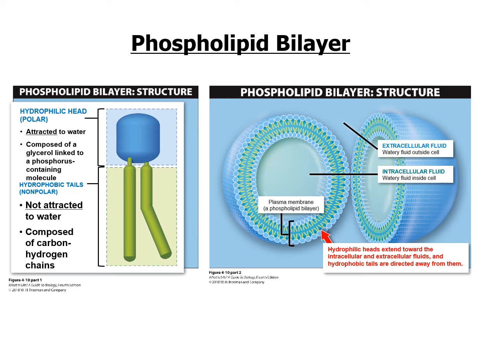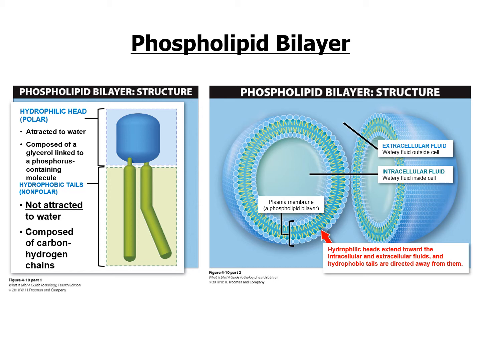How these layers look is you have these hydrophilic heads, and hydrophilic means that it's attracted to water. Hydro meaning water, philic meaning loving. That goes on the outermost side of the cell as well as the innermost side of the cell. Remember, there's two layers, so these hydrophilic heads are going to be pointing out and inward.